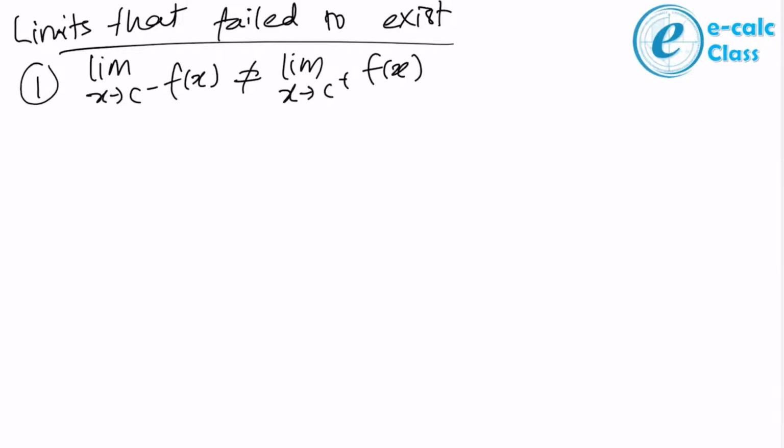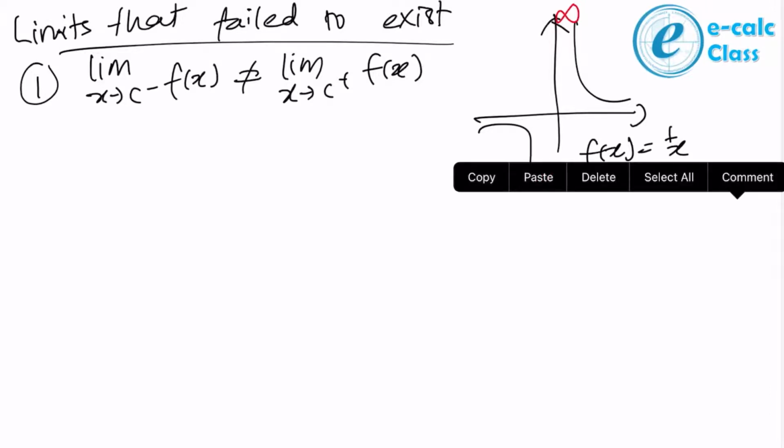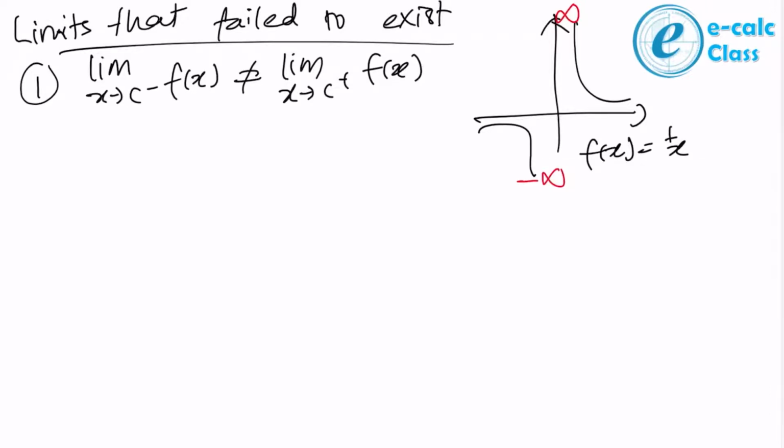It can be because of the nature of the function, for example f(x) equals 1 over x. We know that when it approaches 0 from the right it is positive infinity, from the left it is negative infinity. Both of them are not the same. Hence, the limit does not exist.